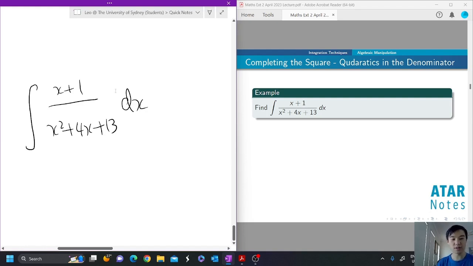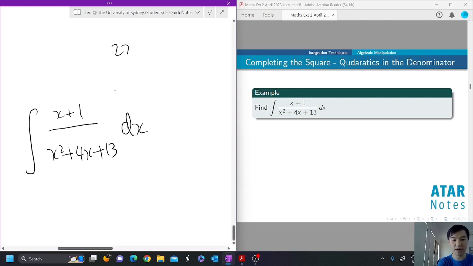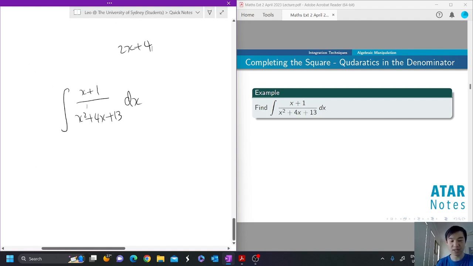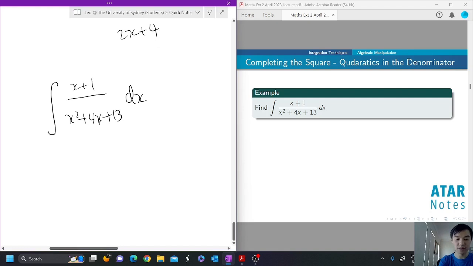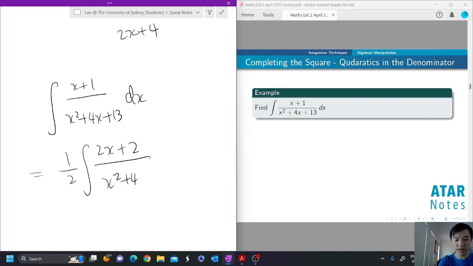So the derivative of x squared plus 4x is going to be 2x plus 4. So we kind of want a 2x plus 4 in the numerator. So let's do some algebraic manipulation to see if we can get the derivative on the top. So I can multiply everything by 2. That will give me 2x plus 2 over x squared plus 4x plus 13.